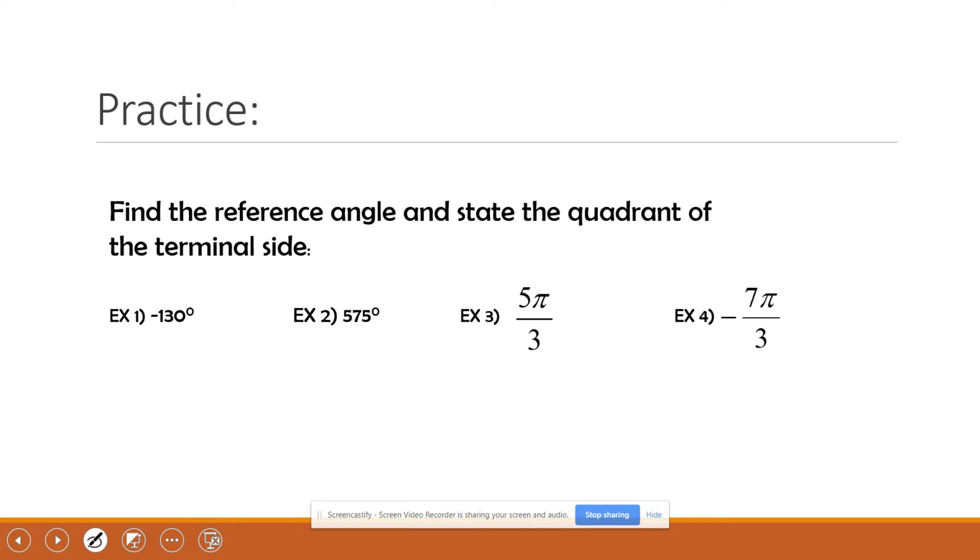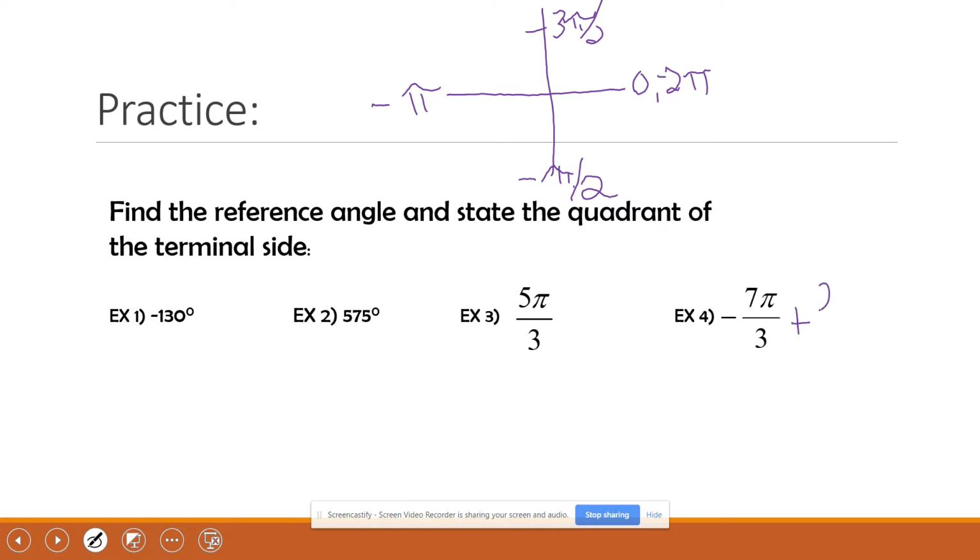Our last one, negative 7 pi over 3. So we know we're going clockwise. 0, negative pi over 2, negative pi, negative 3 pi over 2, negative 2 pi. So I think 7 pi over 3 is more than one trip around.